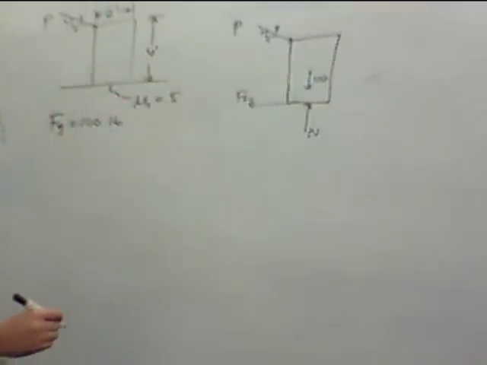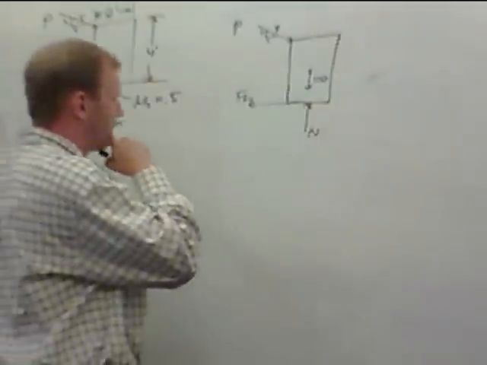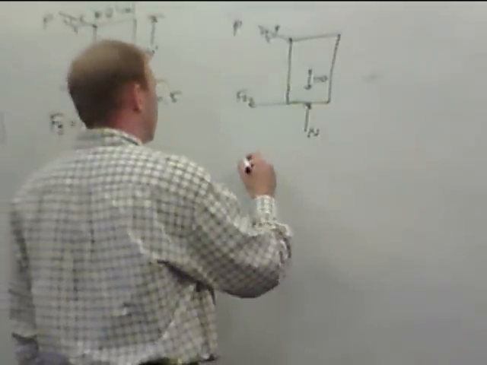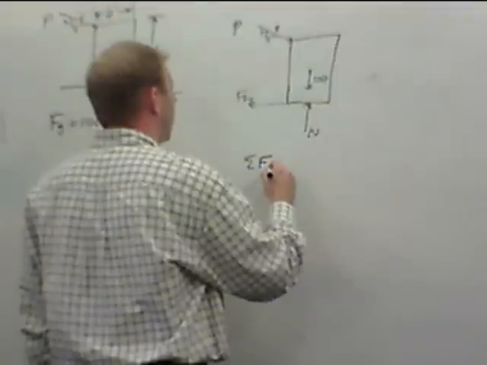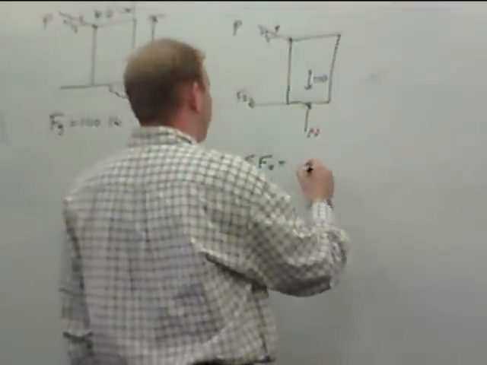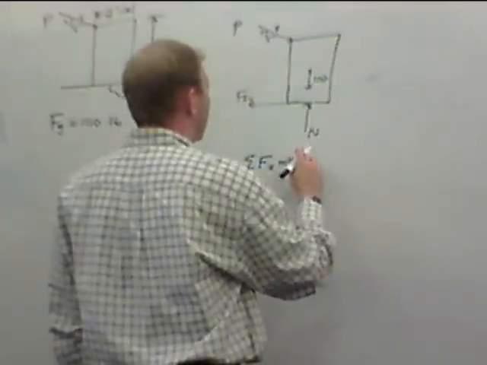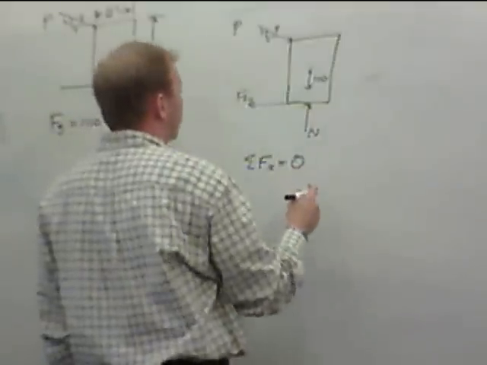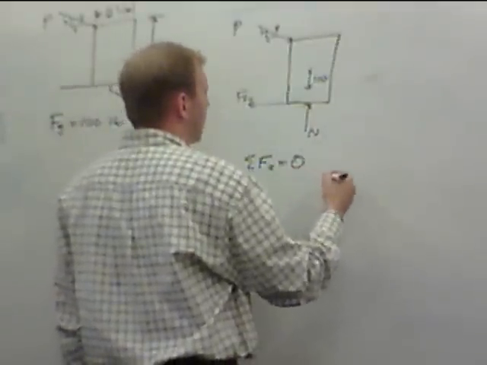Okay, so this becomes pretty easy. Summation of forces, x and y. We may have to do a summation in a moment, but I don't think so in this case. So summation of forces in the x is equal to 0. Again, we're looking for impending motion, so we're maxing out force of static friction, but still having everything cancel.